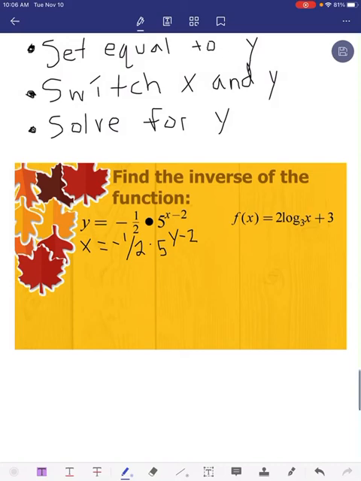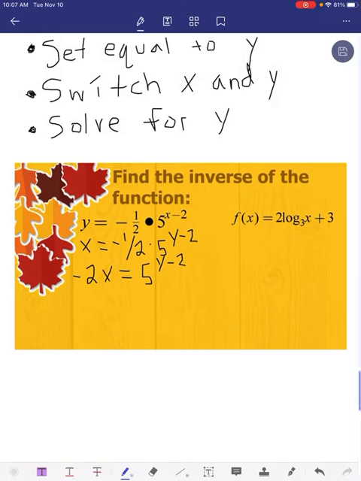So we're multiplying, so we would divide by -1/2, but remember that dividing by 1/2 is the same thing as multiplying by 2. So we're going to multiply both sides by 2. So I would have -2x. My -1/2 is going to be reduced to 1 by multiplying it by -2. So then I have 5 to the y minus 2.